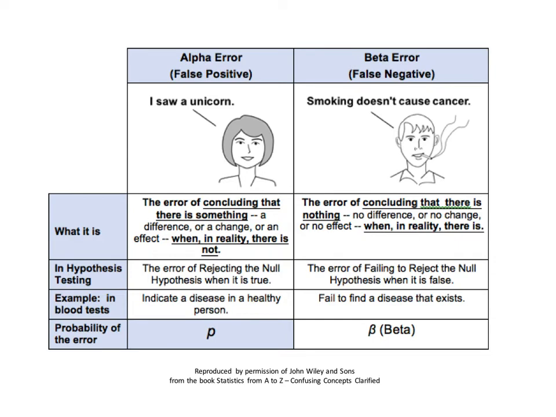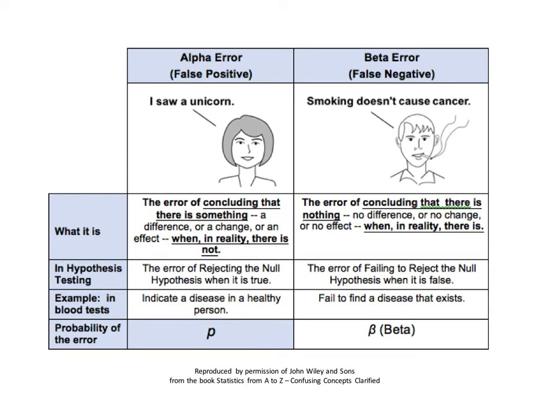Alpha error is also known as false positive or type 1 error or error of the first kind. Its opposite is a beta error or false negative. An alpha error is the error of seeing something that is not there. It is the error of concluding that there is something, a difference, change, or effect, when in reality there is not.